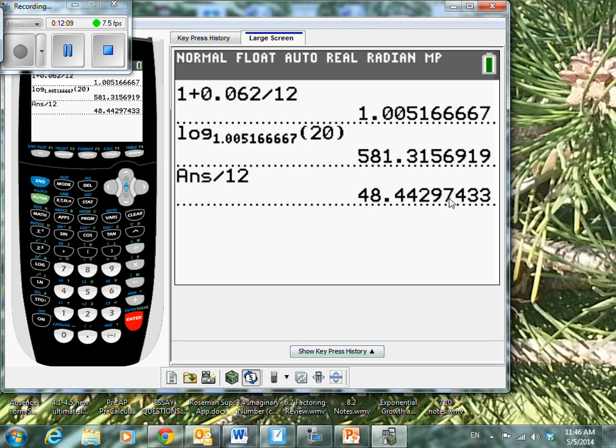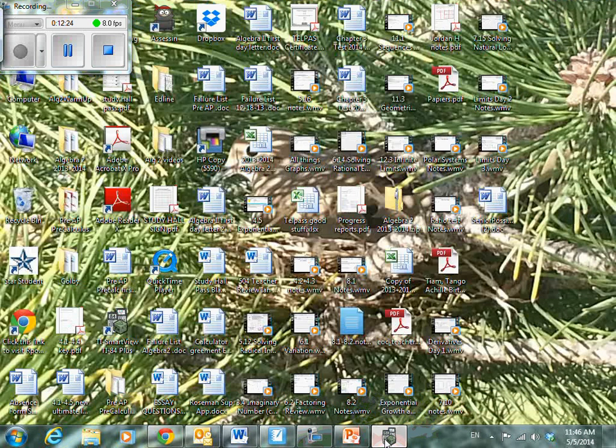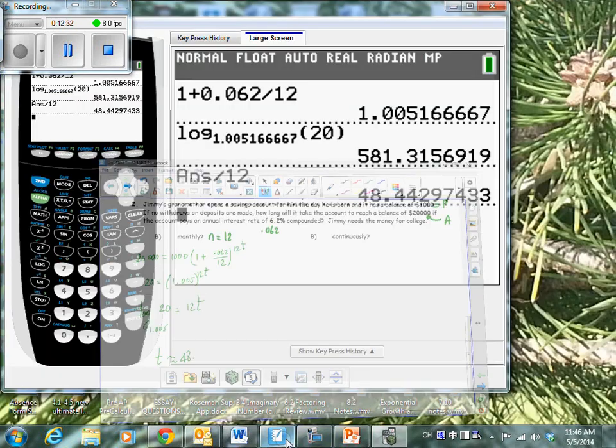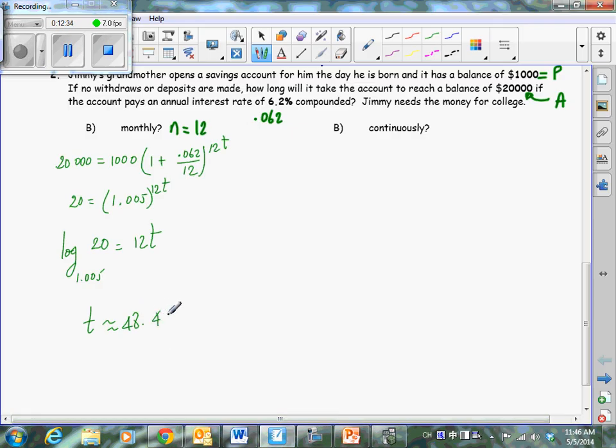So you do not need to round. So it gave you 600 on this one, right? And when you divide it by 12, what you got? It's a big difference. So 48.44 is my final answer. I assume that you probably rounded also on the previous one. So t is approximately equal to 48.44.